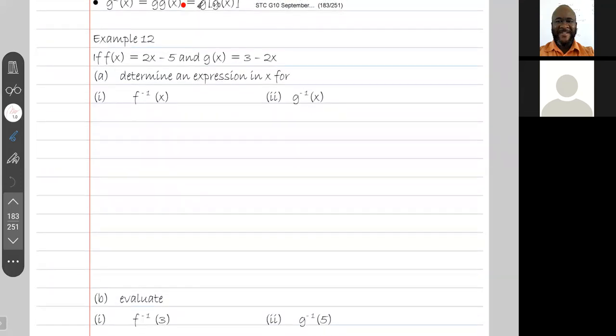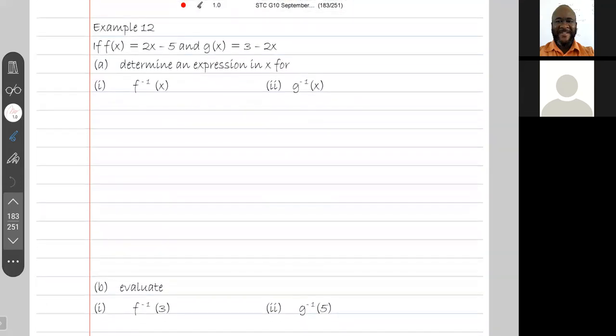Example 12 says, if f of x is equal to 2x minus 5 and g of x is equal to 3 minus 2x, A says, determine an expression in x for I f inverse of x. So we have been doing that all afternoon, so we shouldn't have any problem doing it.